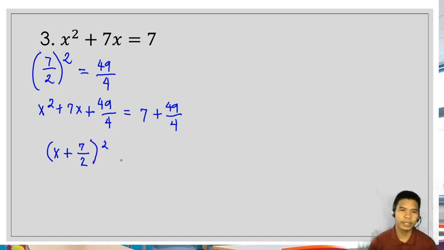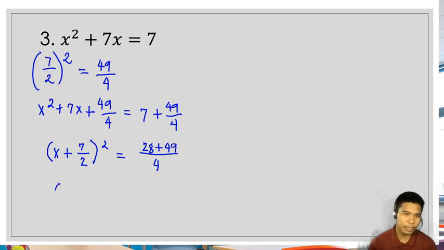Quantity squared. Equal to, so addition of whole number and fraction, so that is equal to 4. And then we have LCD ng 4. That 4 times 7 is 28 plus 4 divided by 4 is 1 times 49. Yan, simplify lang natin, no?